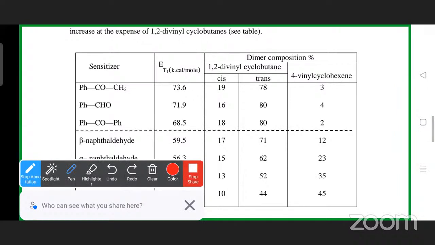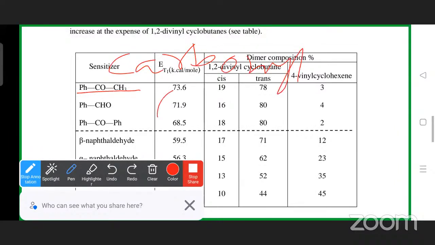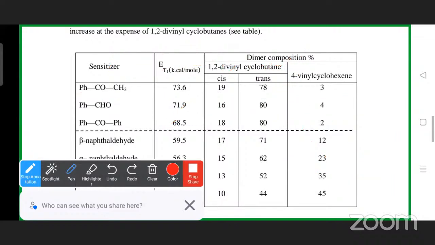If it is acetophenone, because carbonyl compounds are good, whose ISC is good, that's why the various carbonyl compounds contribute their triplet sensitization energies here.